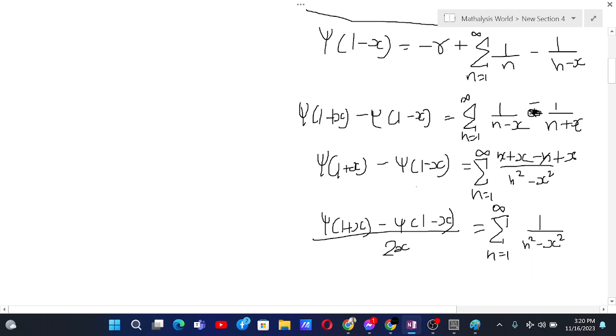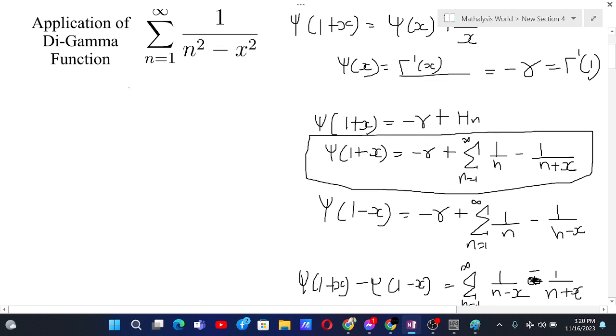Now for this we will need the reflection property of the digamma function, which is derived from the reflection property of the gamma function. The reflection property is digamma of 1 minus x minus digamma of x is pi times cot x pi.